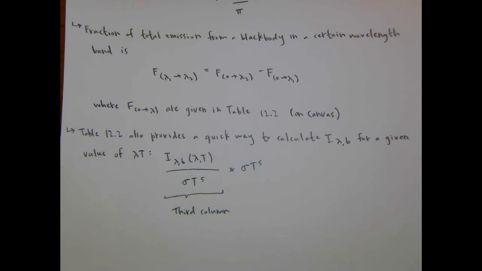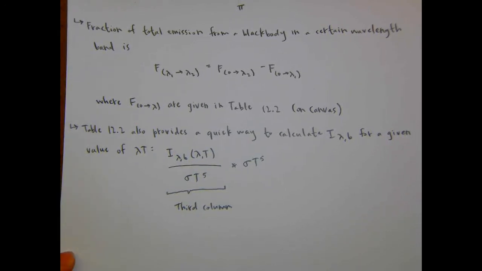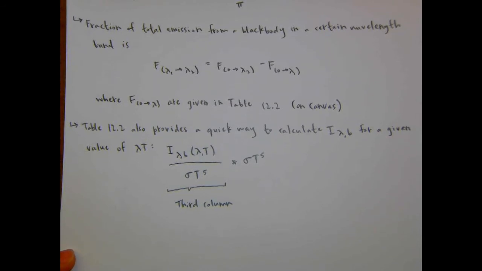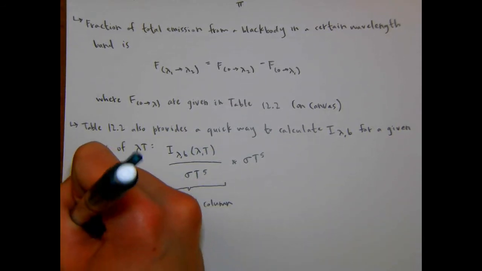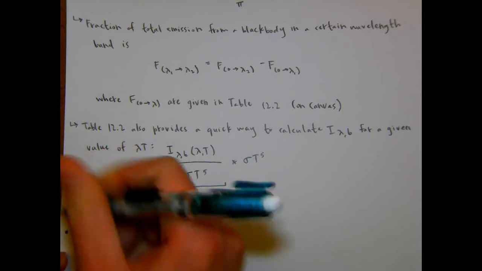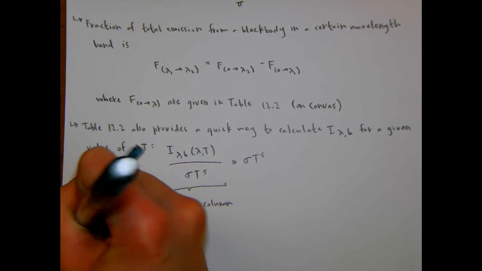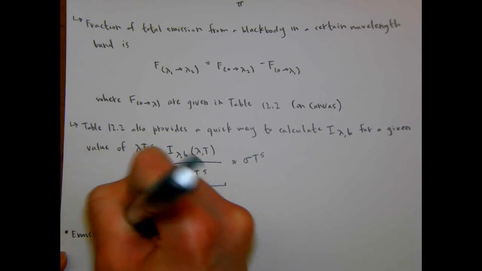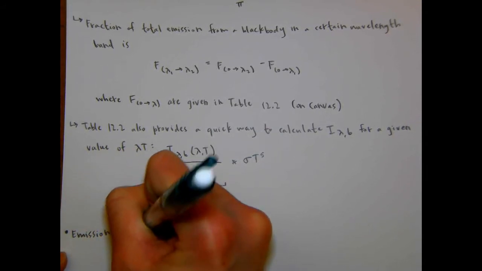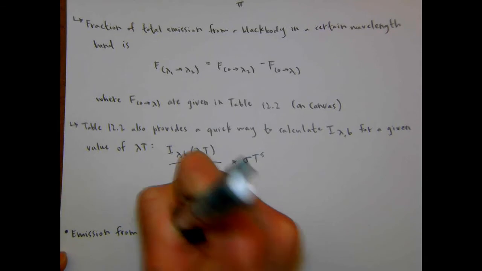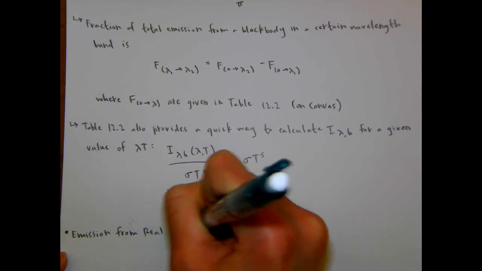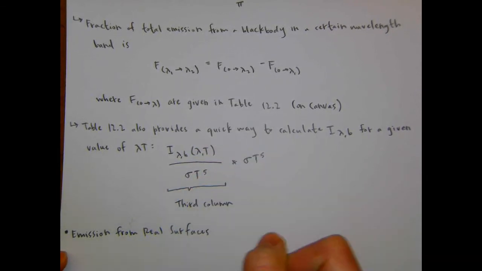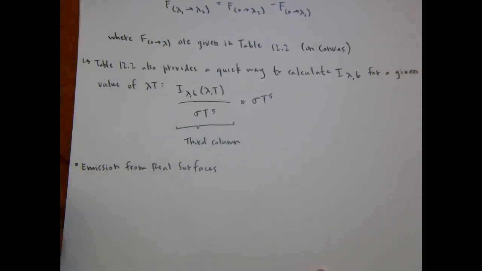So like we said, we're going to use the characteristics of black body radiation, the fact that it's known, to talk about emission from real surfaces. So we're going to do that in terms of the emissivity, which we have introduced previously.